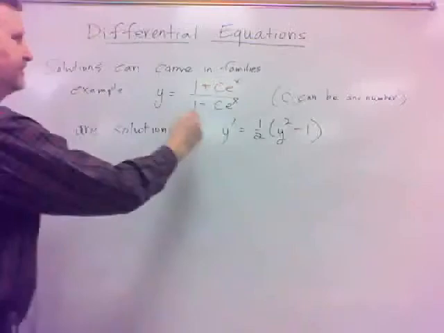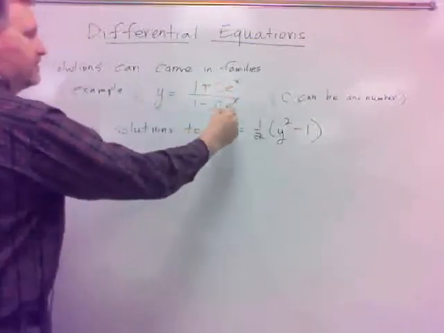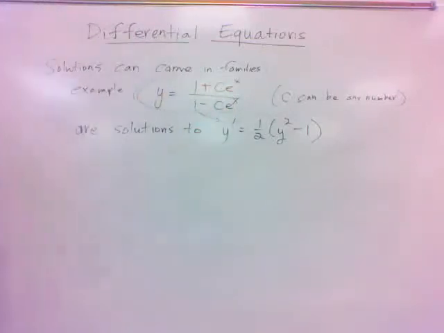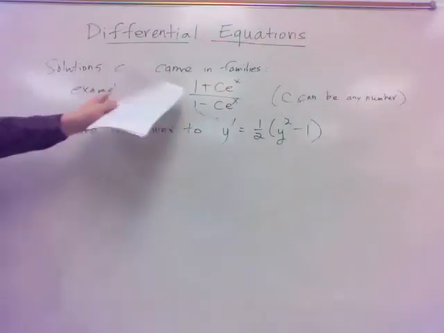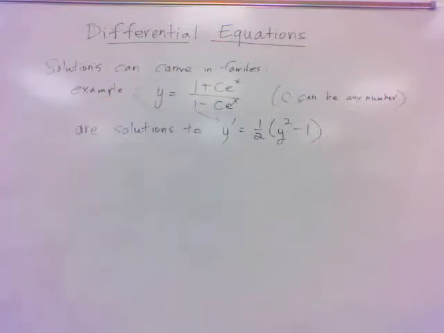That differential equation. This whole family here, that's the solutions to that. So there's infinitely many solutions to that differential equation. Plug in 5 for c, plug in 4 for c, you get a different solution each time, but they're obviously related, as you can see there. Okay?